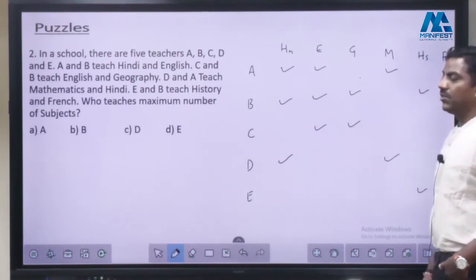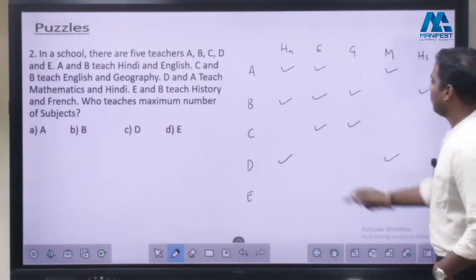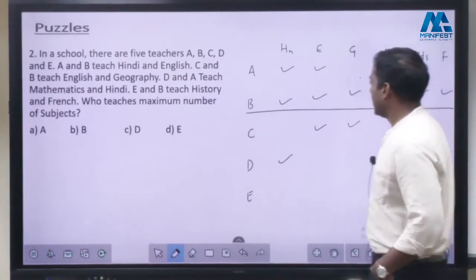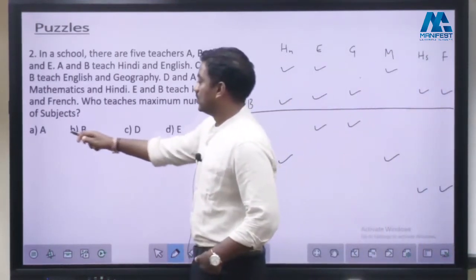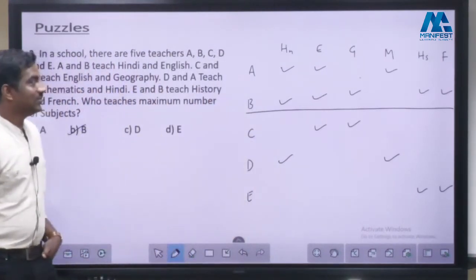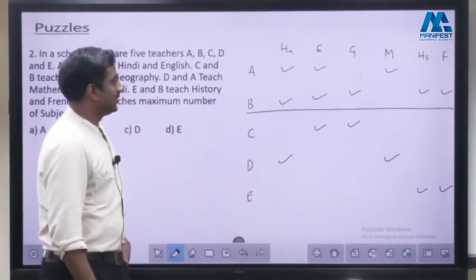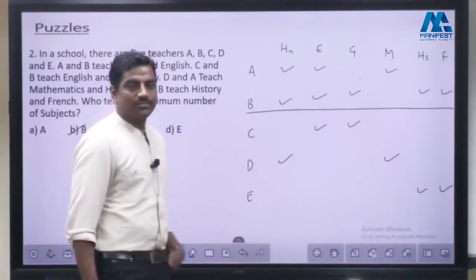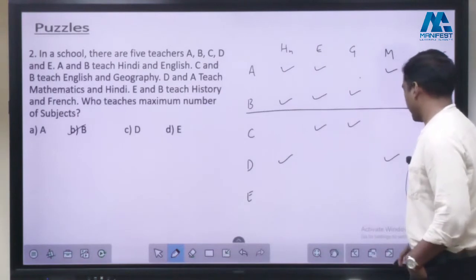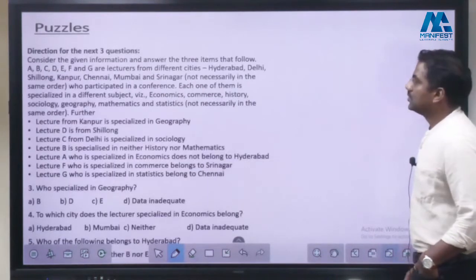Who teaches maximum number of subjects? B, no? 5 subjects. Yes? Except maths there also. Done? Next.